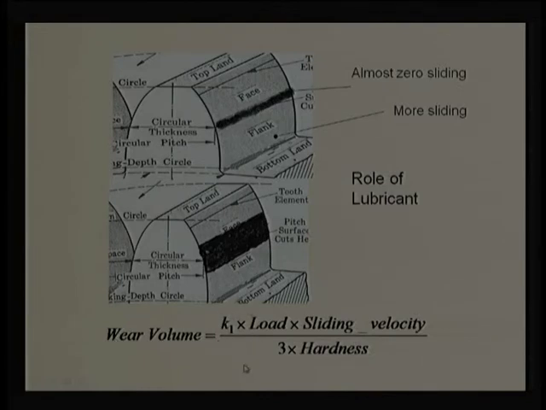We know very well K1 heavily depends on the liquid lubricant. With more and more lubrication, this K1 should decrease, but larger and larger amounts of liquid lubricant are going to produce more and more churning losses. So, again the trade-off is required. Higher friction may lead to high temperature, that may lead to more volume of wear.